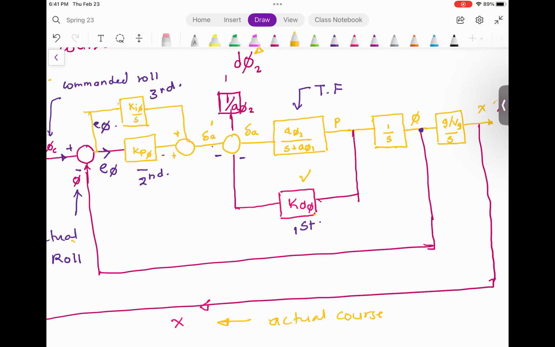And then the delta A that is getting fed is actually controlling the dynamics of the UAV. Everyone understood this?